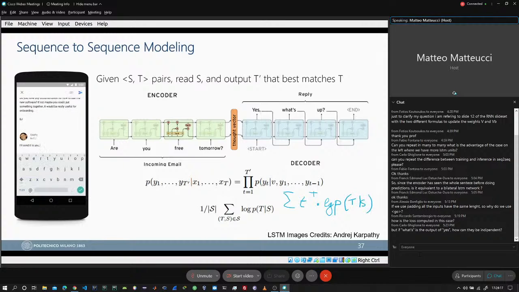This is the cross entropy. In practice, this is either 1 or 0, and this is the log probabilities for all the targets of the sequence.